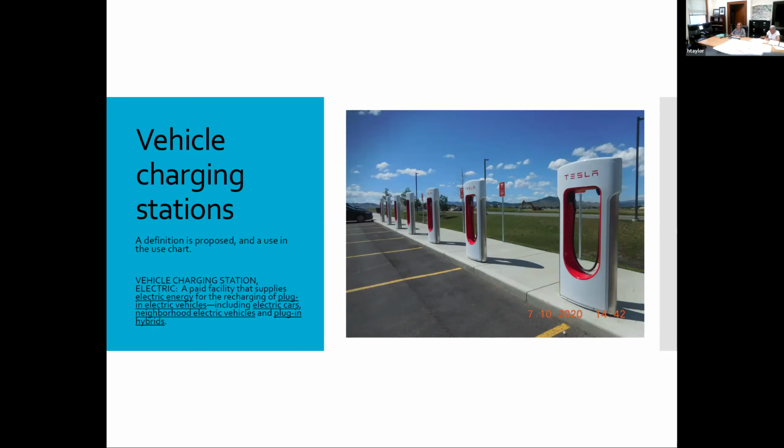All right, we can't hear you. So, Rebecca had a comment too. This would be for a standalone use, correct? Not just if a homeowner wanted a charging station on their residential property.